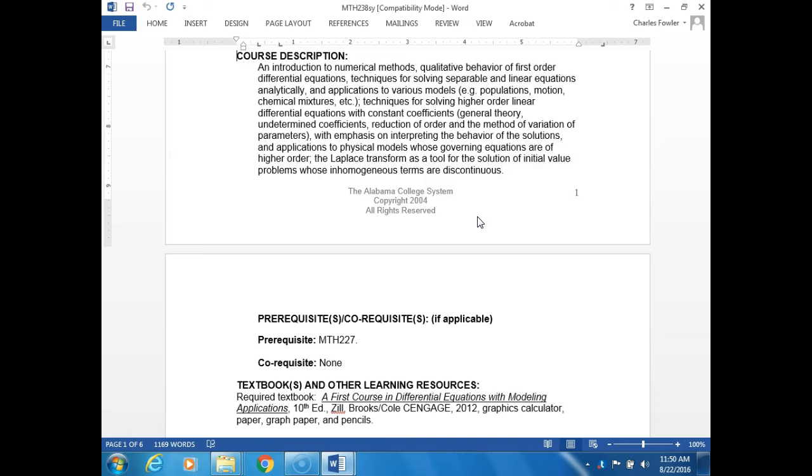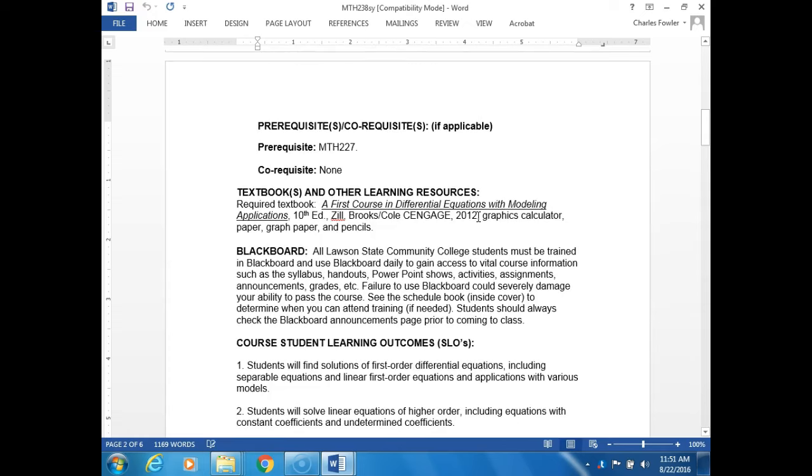Okay, it's a Thompson Brooks Cole Cengage 2012 text. You probably would be very good to have a graphing calculator. It's not required, but I think it might help you see how these things unfold a little bit better. Paper, graph paper, pencils. If you want to use ink, that's up to you. That's the requirements for the course. Okay?